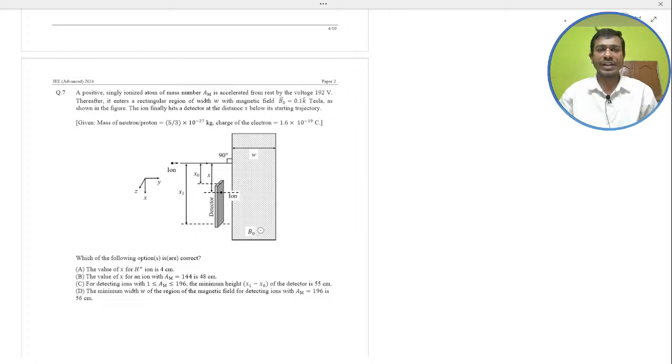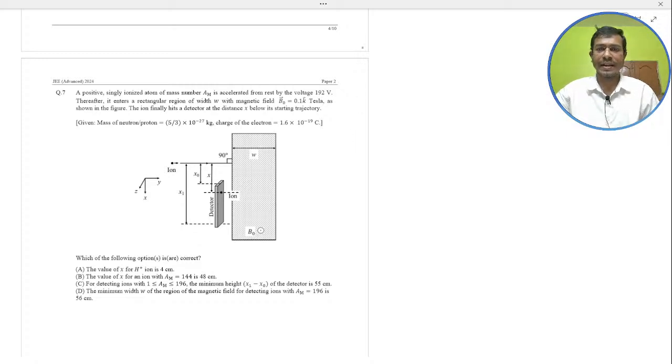Thereafter, it enters a rectangular region of width W with a magnetic field B0 equal to 0.1 k cap Tesla as shown in the figure. The ion finally hits a detector at a distance x below its starting trajectory. Which of the following options is or are correct?